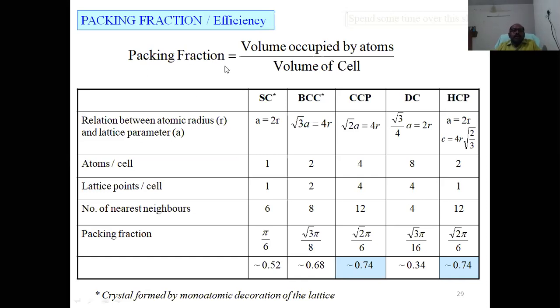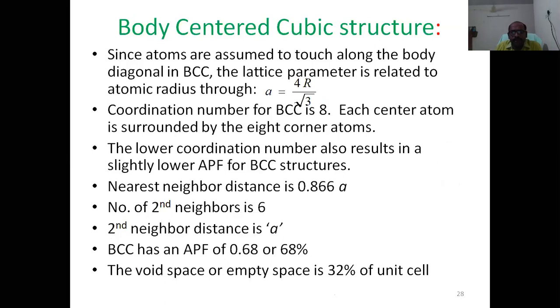So I am recapitulating. In this lecture, we have studied the Bravais lattices of the cubic system. The cubic system is a crystal system in 3D. In that, we have three Bravais lattices: primitive cell, body centered cubic structure, and face centered cubic structure. The effective number of lattice points per cubic structure is 1 for simple cubic, 2 for BCC, and 4 for FCC.